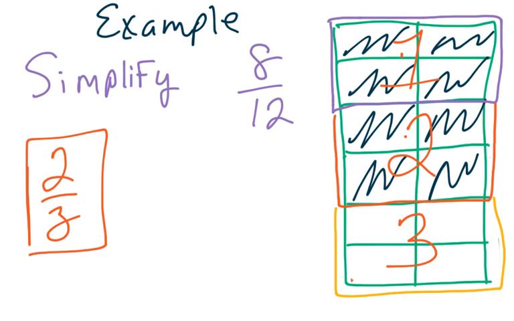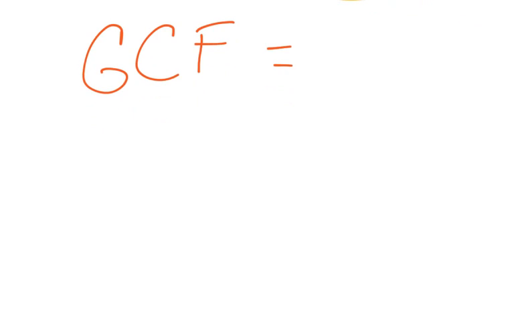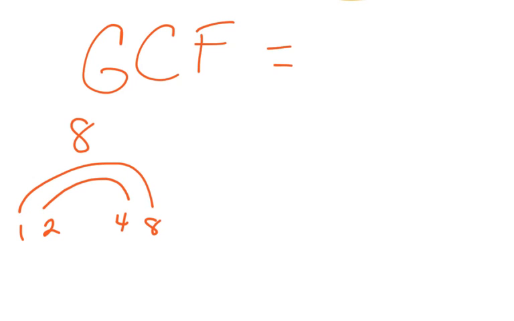Now let's look at the math part behind that. So this time you're going to use the greatest common factor. And put our greatest common factor here. We're going to do the factor rainbows of 8. We have 1, 8. And then we have 2 times 4. And then the factors of 8 is 1, 2, 4, 8.